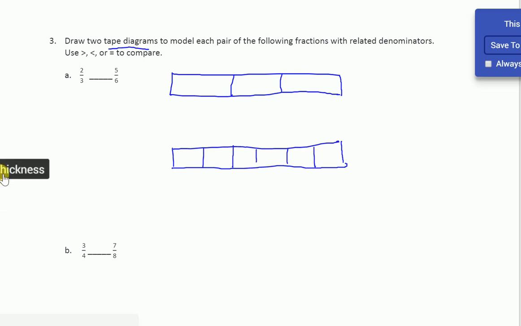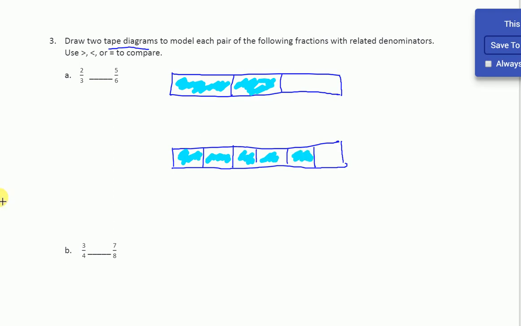So let's see, we have 2/3 over here, and then we have 5/6 over here. 1, 2, 3, 4, 5.